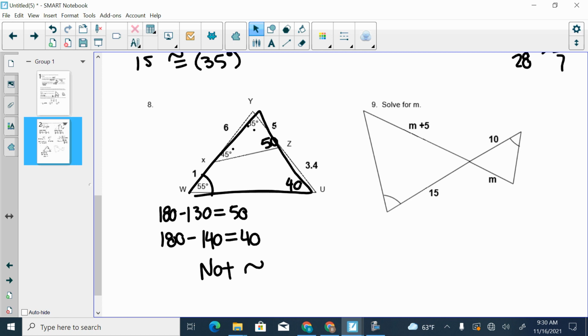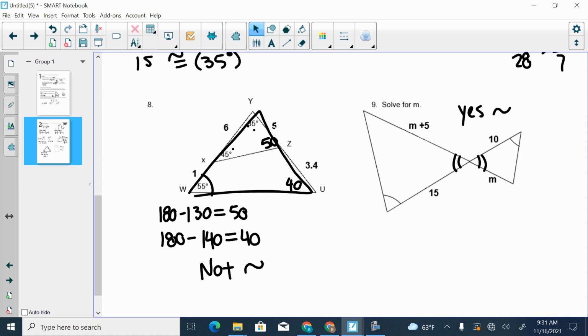Alright, last one. They gave us one set of congruent angles. We know we can go in and add that vertical angles are always congruent, so since we have those two sets, we can say that yes, these two triangles are similar. So I would then set up something so that I could solve for m.